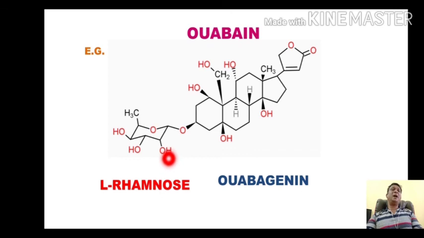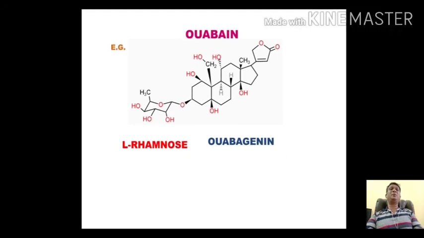We know that in rhamnose there is a hydroxyl group at this 2nd position, and in ouabagenin there was a hydroxyl group at C3 position. So this hydroxyl group and this hydroxyl group may react to liberate a water molecule. The H2O molecule will be liberated, and this linkage will be generated between this aglycone portion and this sugar moiety, and with this combination it gives formation of ouabain.